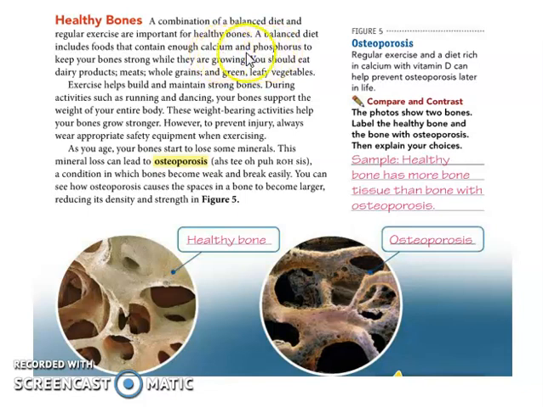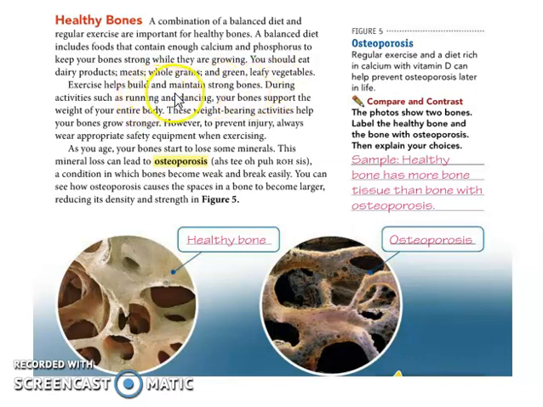At the same time, dairy products, for example cheese, milk, yogurt, laban, any dairy product has calcium content. You should eat dairy products, meat, whole grains, and green leafy vegetables every day in a proper amount, but don't overdo it because there's a proper amount for everything.